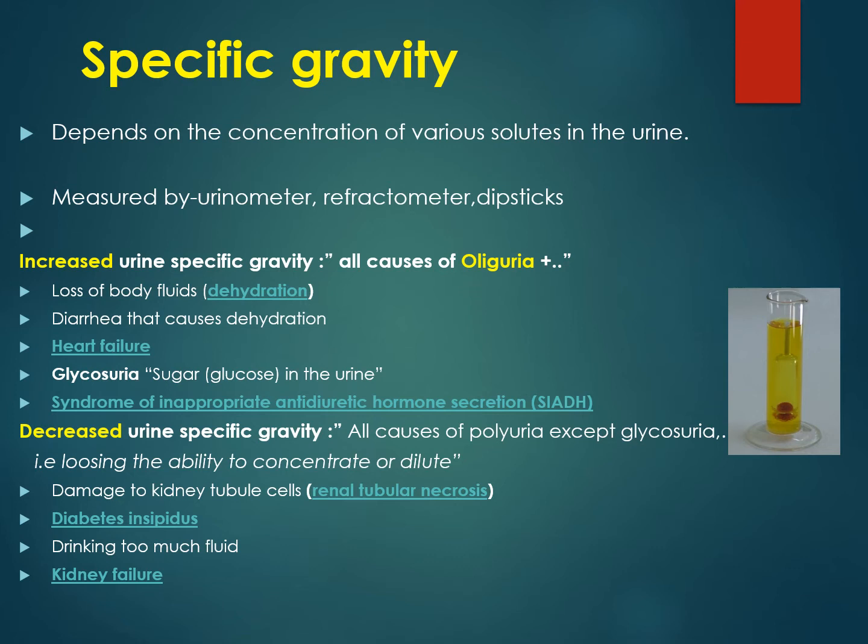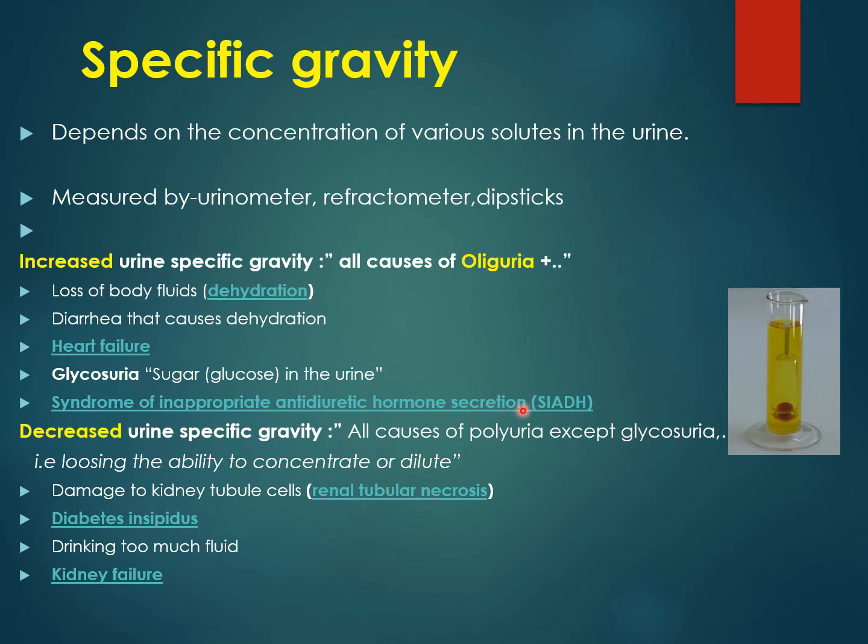Specific gravity, as we know, is a reflection of the status of the urine. It could be increased in oliguric patients, in all cases causing oliguria, like in dehydrated patients, in heart failure, in a diarrhea patient, in glycosuria, or in the syndrome of inappropriate antidiuretic hormone secretion, SIADH.